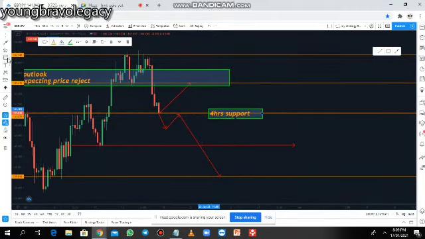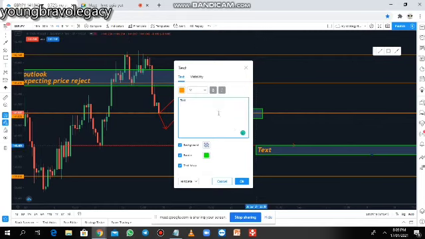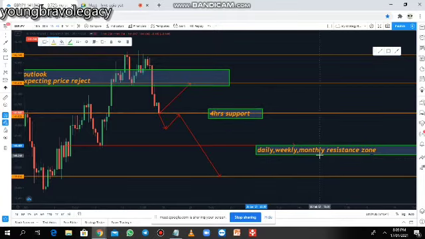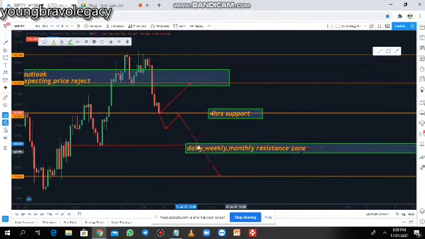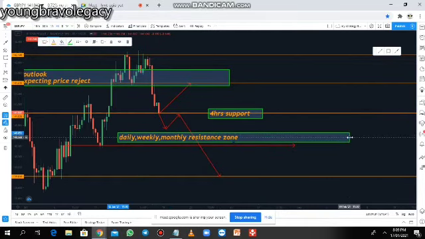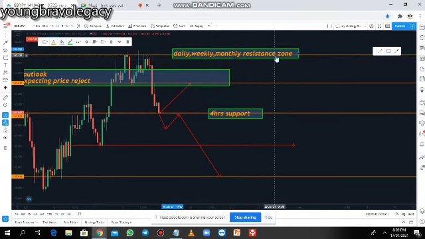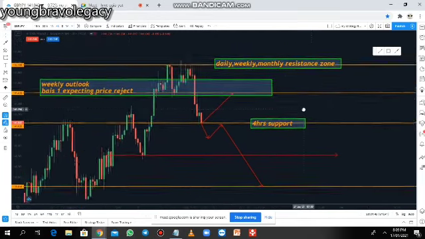So I'm trying to label it very well, so that anybody that is looking at it will understand why I'm marking those zones and what they mean. You understand? So that's what I'm trying to do.